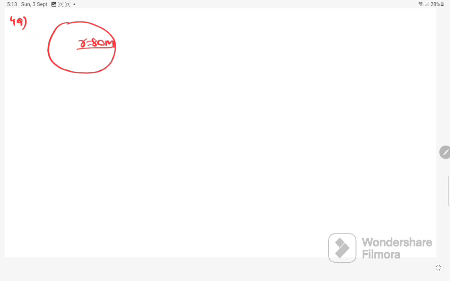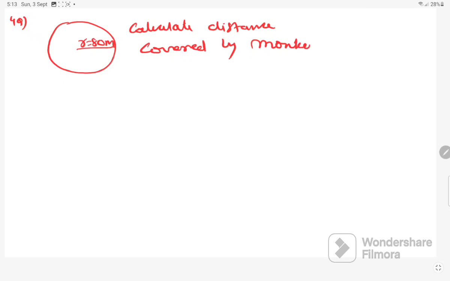See, calculate the distance covered by the monkey in one complete cycle.